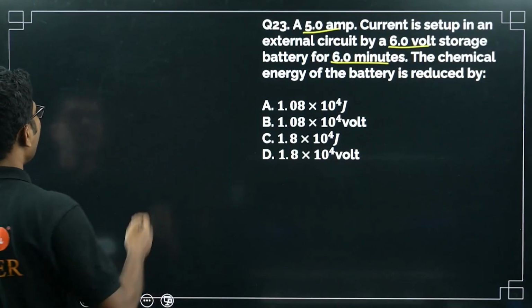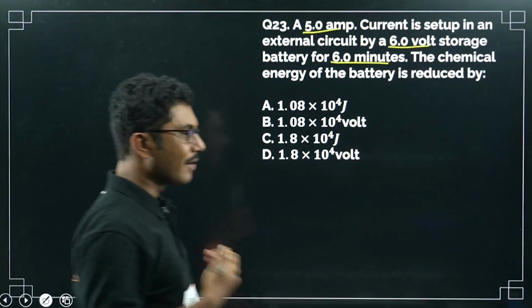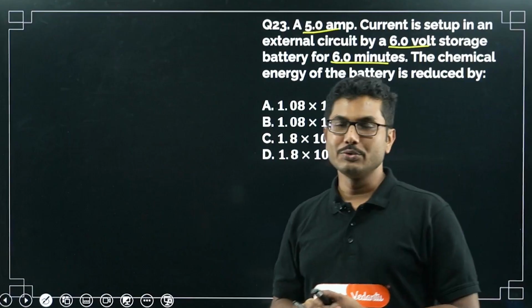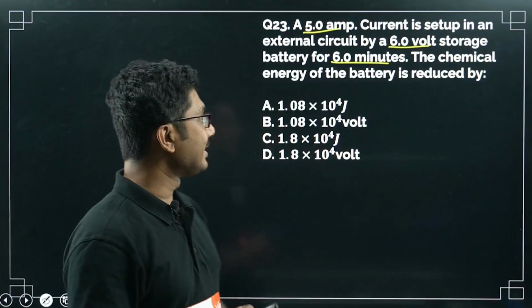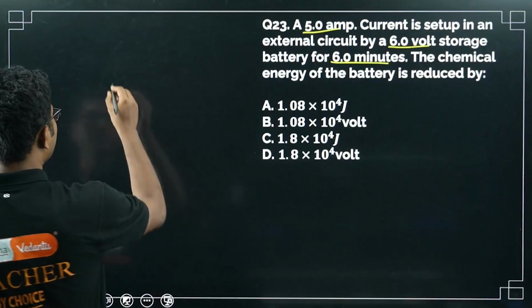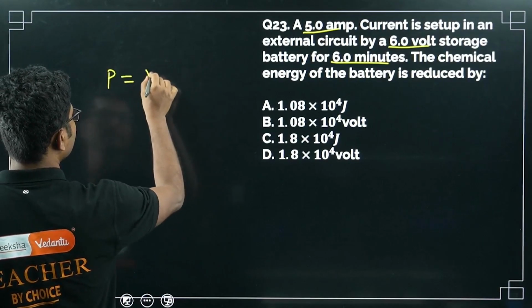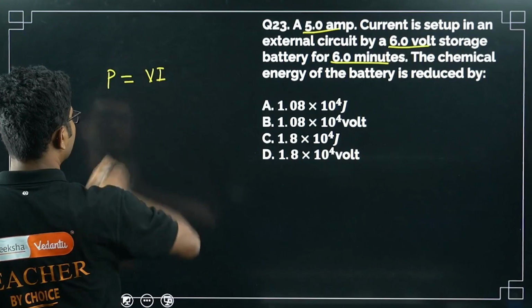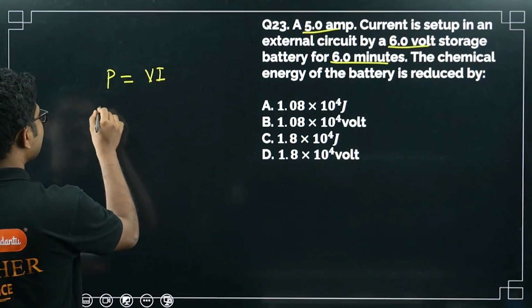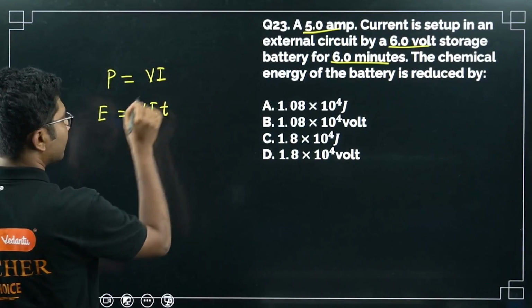First of all, we know that whatever power is generated, that power will be used up from the chemical energy. We know that power is VI and energy is VIT.